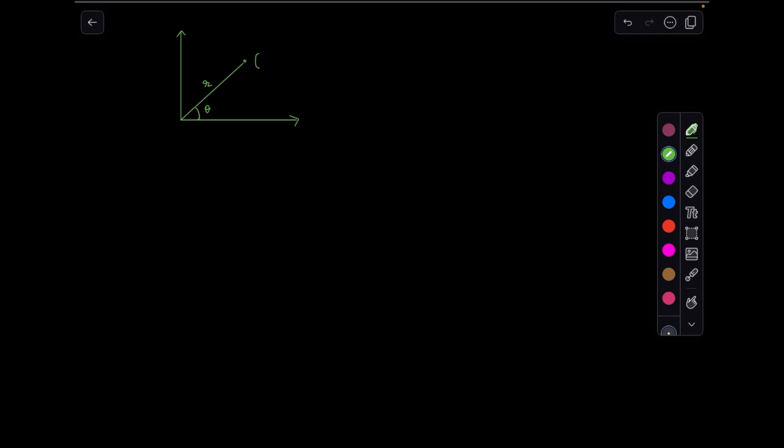So the coordinate of this point can be written as r comma theta, and this theta is taken as the angle from the positive direction of the x-axis.